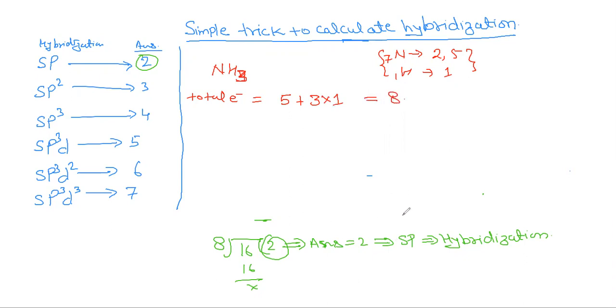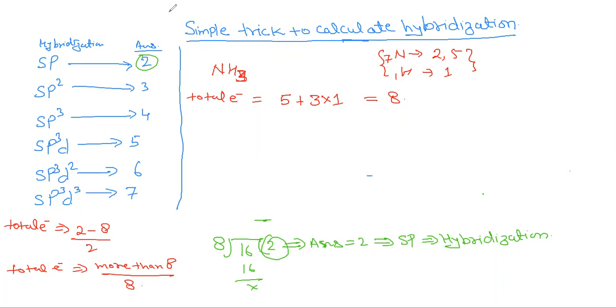Now again, if the total number of electrons is 2 to 8, then divide by 2. If the total electrons are more than 8, then divide by 8.